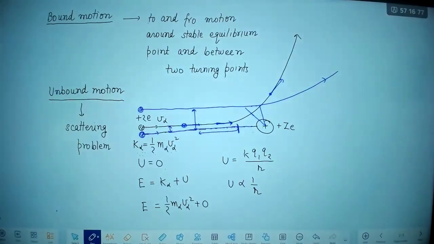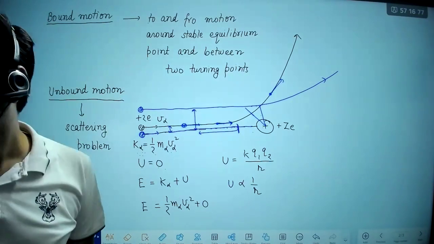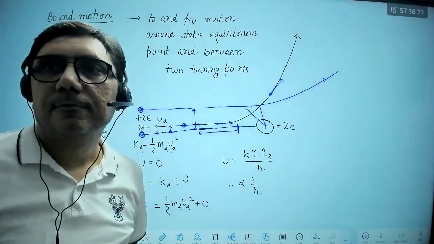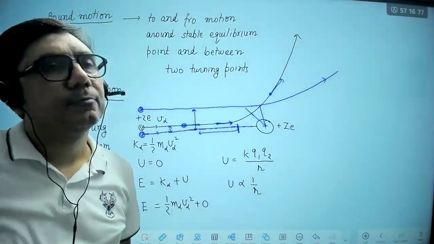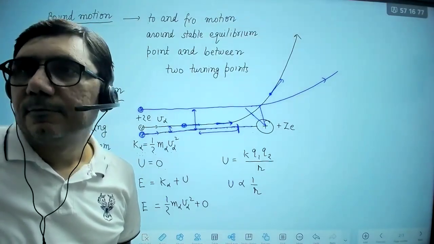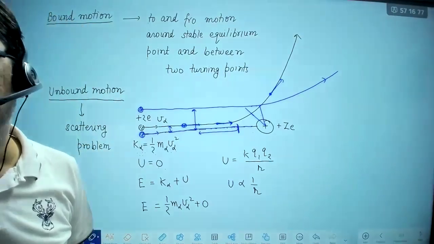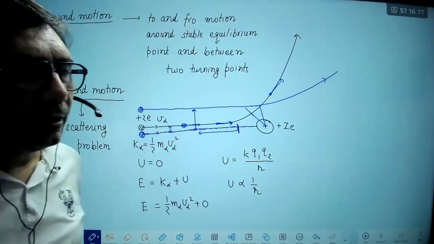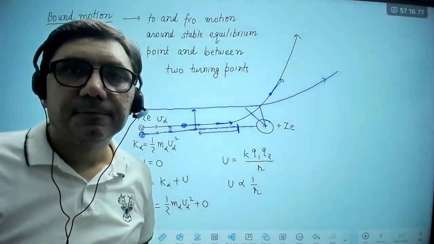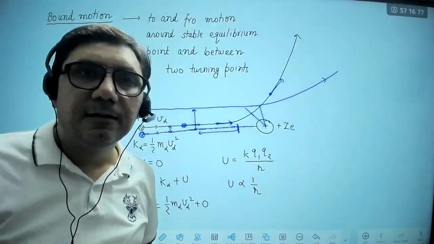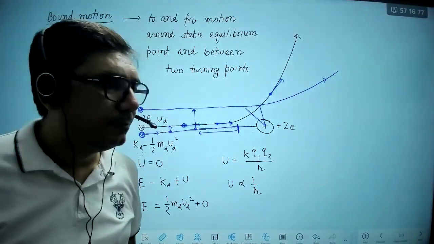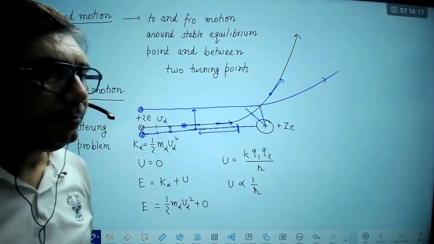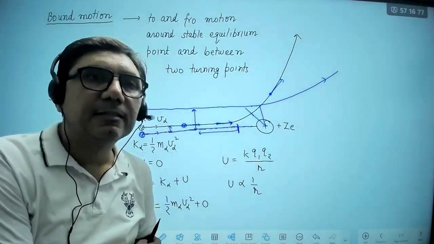So this type of motion is called unbound motion. Please write here: in case of unbound motion, the particle comes, interacts with the field, and is scattered to move away forever.